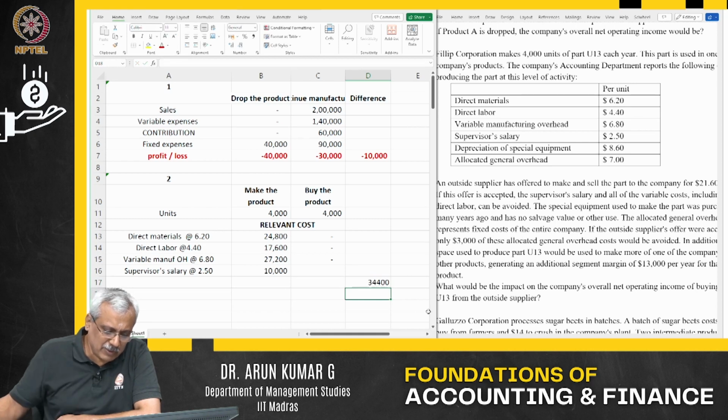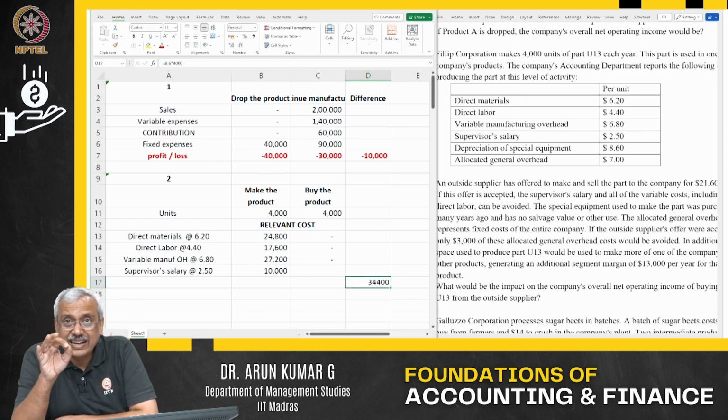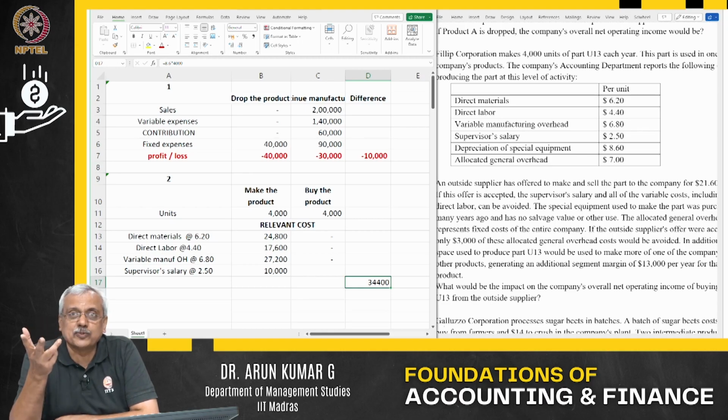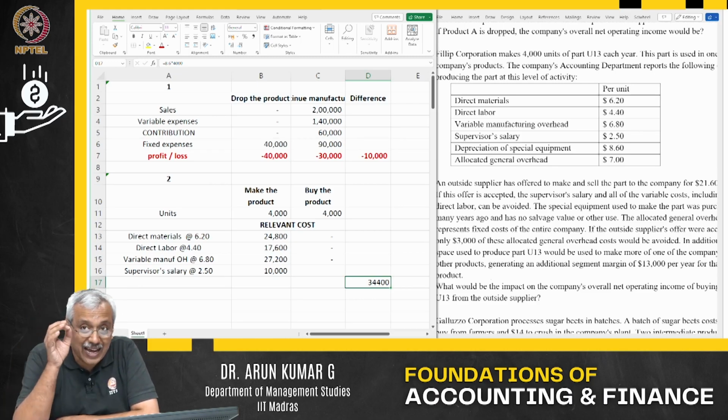The depreciation cost of 34,400 rupees you will incur irrespective of whether you manufacture or not. Why? Because the special equipment cannot be disposed of and does not have any salvage value in this particular case.